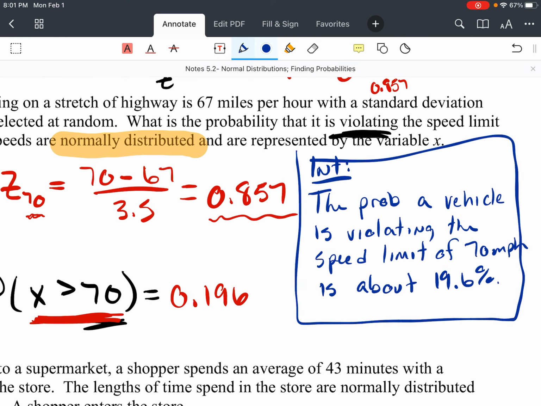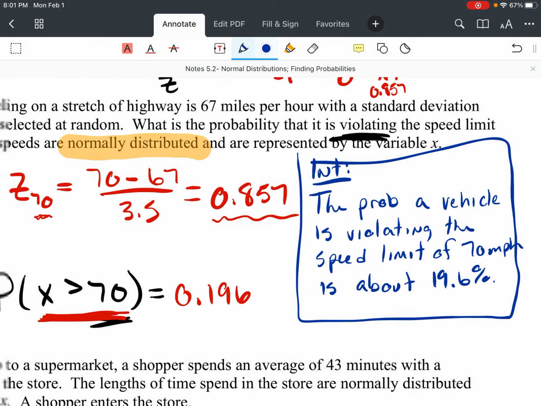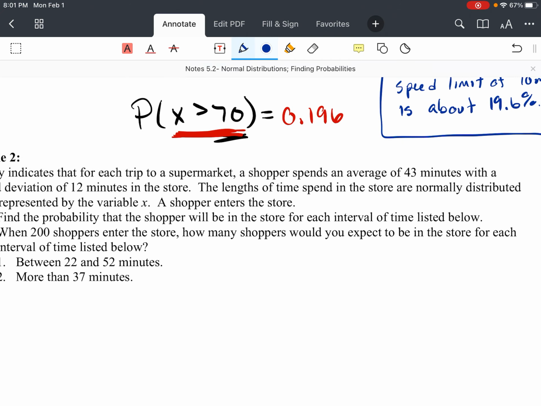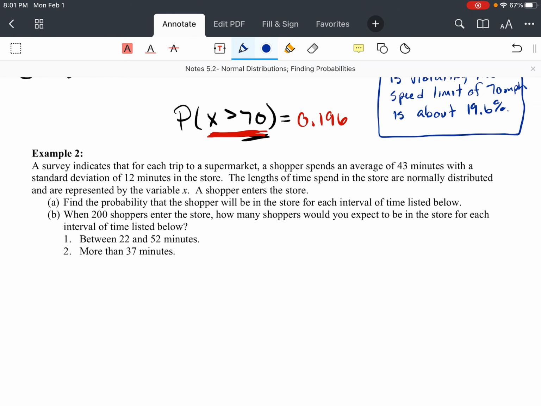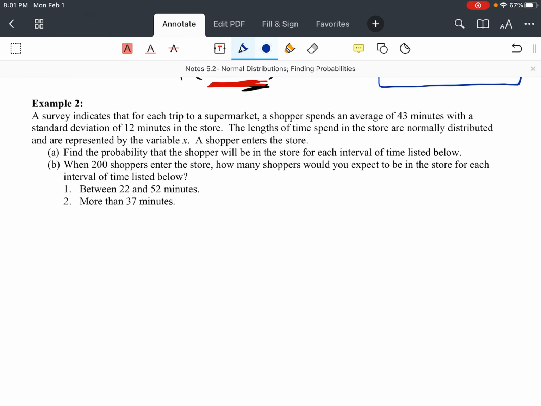That's what we're looking for when we're interpreting this, and we're going to be summarizing our results more and more as we go through these and get deeper into the statistics.